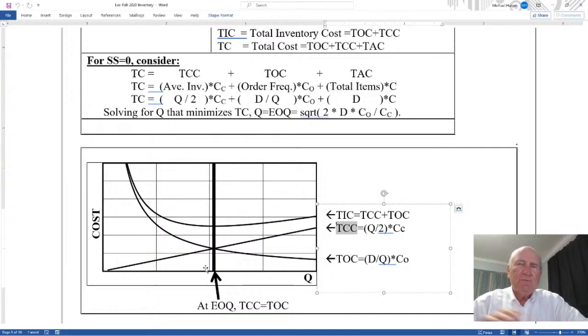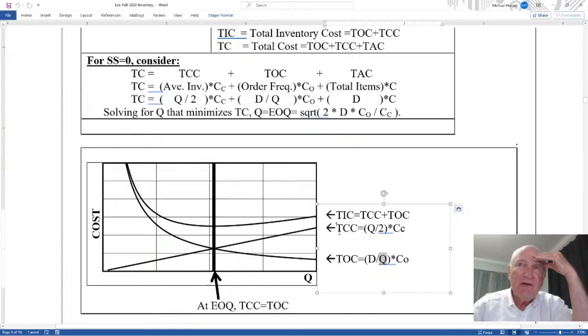Suppose you did it. Let's get some numbers here. You did that. You're at EOQ. You know it's EOQ, and then you say, okay. Suppose Q, let's say, was 100 items. And let's suppose the total cost up here is $1,000. Well, that means each of these is $500.